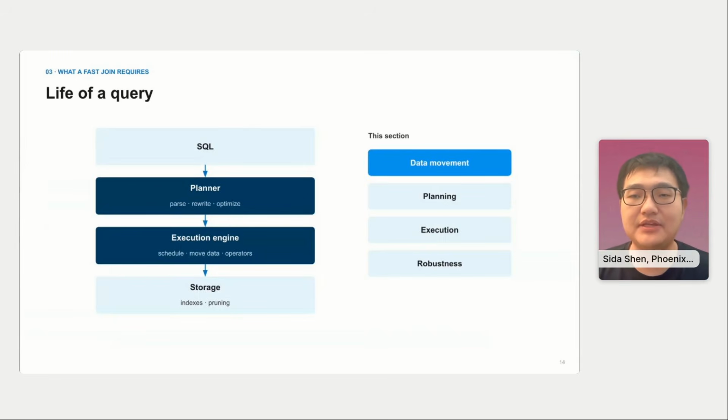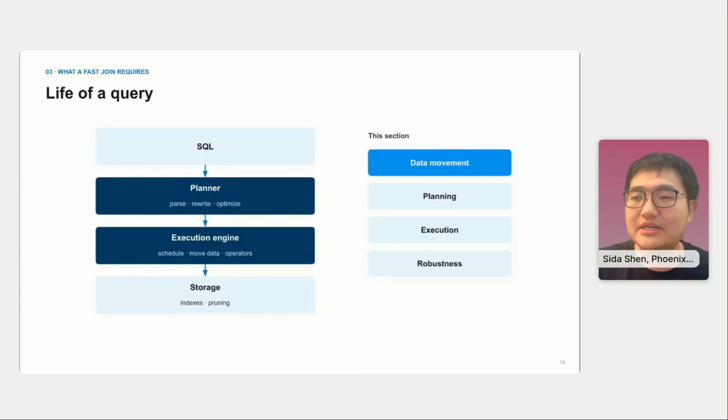The planner comes up with a logical plan, basically what the query is asking about, and then comes up with a physical plan that's sent down to the storage layer. The storage layer scans the data, only the data that the planner thinks it needs, and then sends it back to the query engine, the execution engine, to either process the data in parallel or process it with one instance, right?